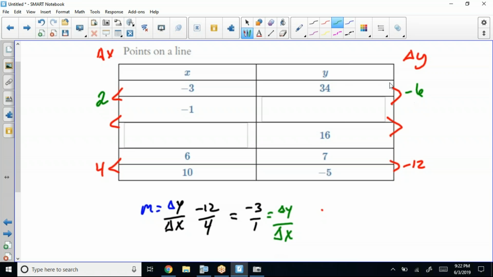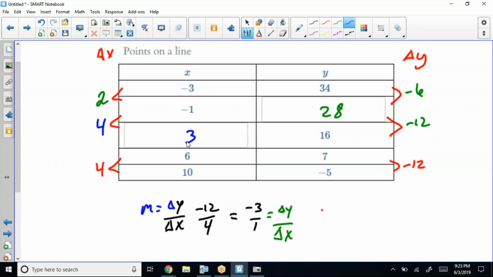So 34 would become 28. Now from 28 down to 16 is a change of -12, right? Y'all agree? 28 to 18 is 10. Okay, so I've already got a change of 12 here, and I know it's 4. So if I go from -1 and go up 4 on the number line, I will be at 3.